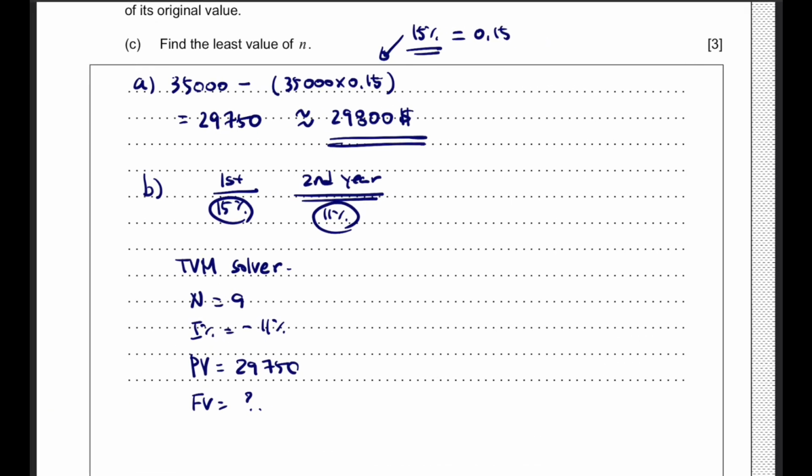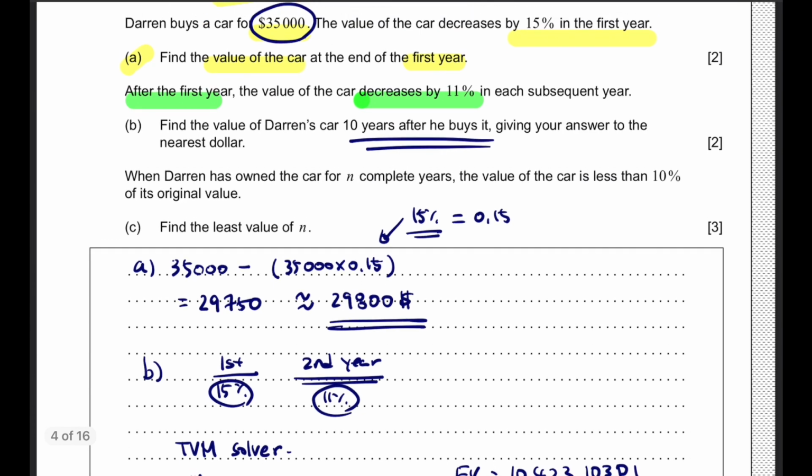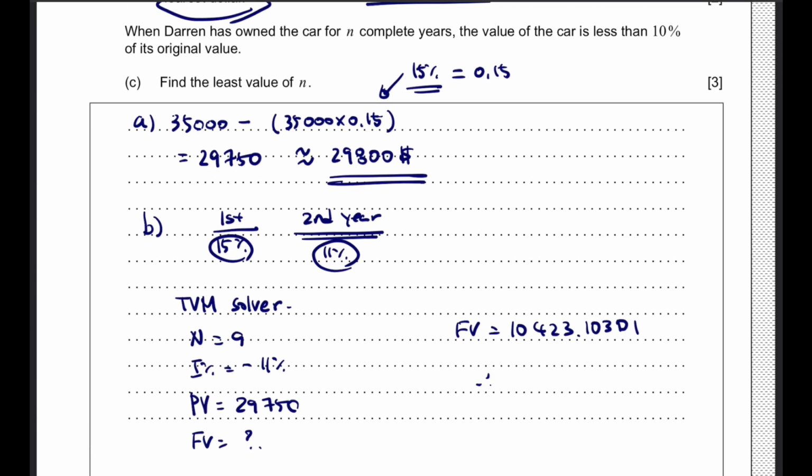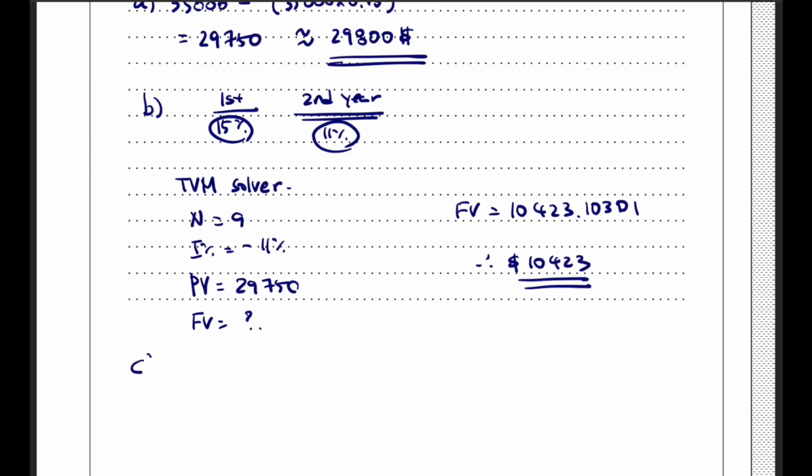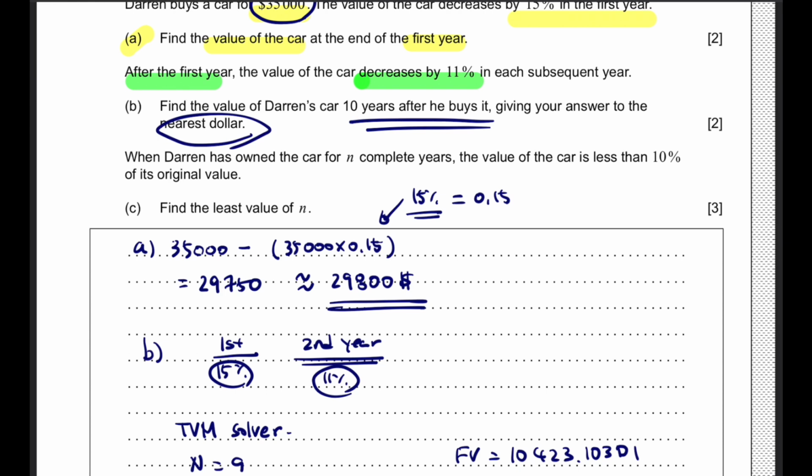So using your calculator, we got the future value of the car is equal to 10,423.103101. However, since we need to leave our answer to the nearest dollar, the final value of the car is $10,423.